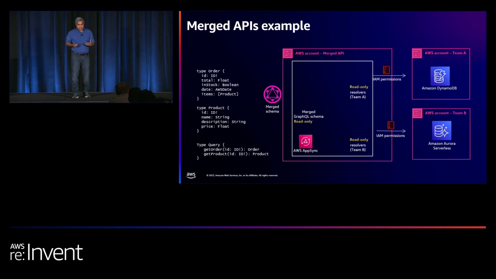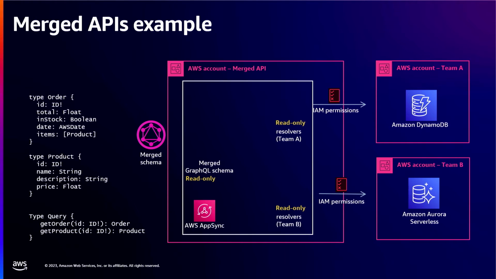With the merged API, AppSync is able to merge the resources, the types, the fields, the operations, the resolver code, the function logic, and the data source definitions. Everything is merged together into a single unified endpoint.